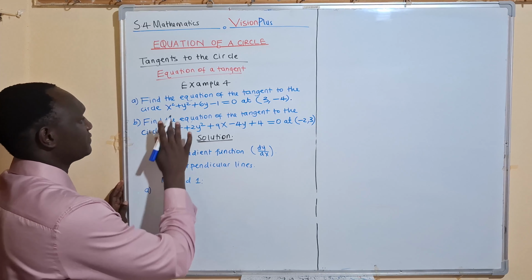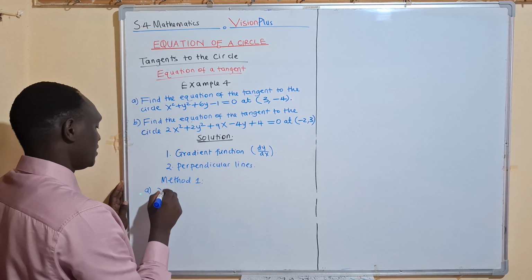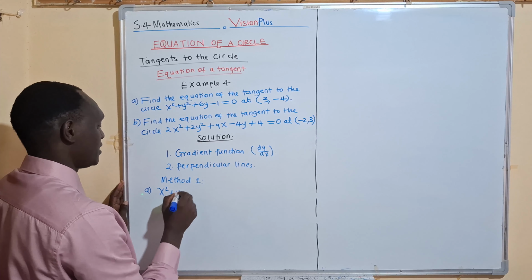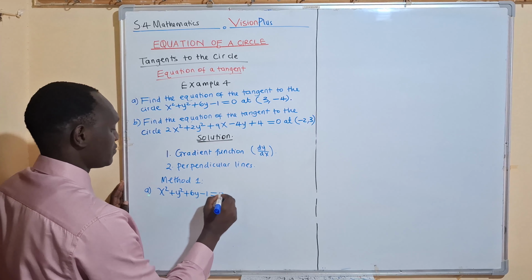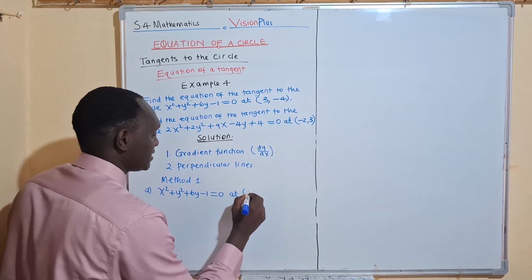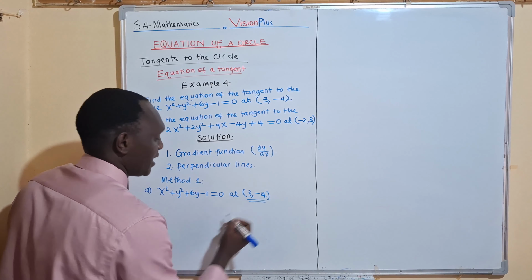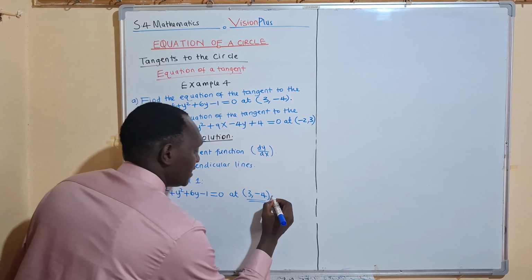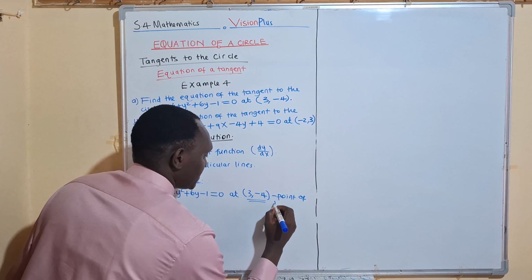Part A says: find the equation of the tangent to the circle x squared plus y squared plus 6y minus 1 equals 0, and the point of tangency is given as (3, -4). You must always keep in mind that the point given here is what we call the point of tangency.